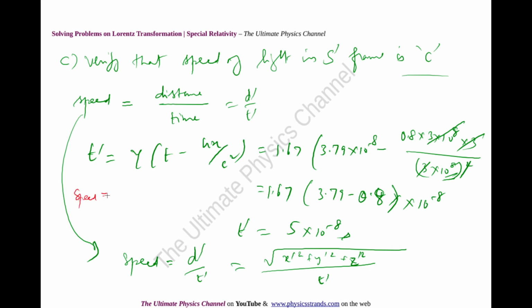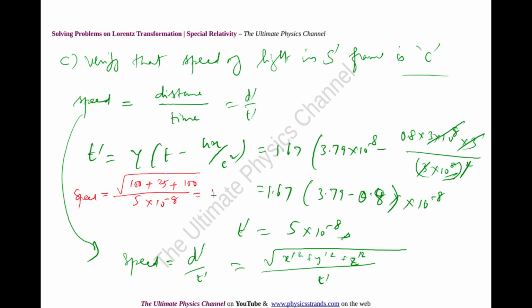is equal to square root of my x prime, I have calculated to be 10, right? So it is 10 squared, that is 100, plus y prime is same as what is given in the question, that is 25, because 5 squared, and then this is again another 10, so if I square it, I get 100. My t prime I have calculated to be 5 into 10 power minus 8.